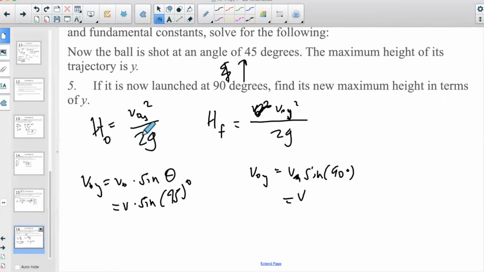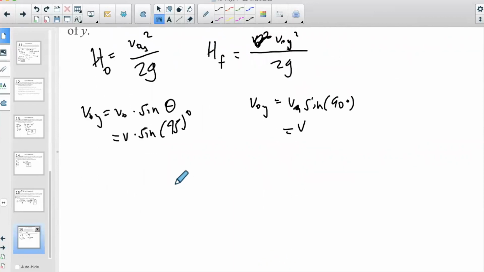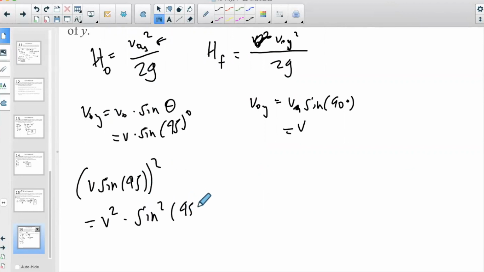All right, so now we got to figure this out, right? Because g stays constant, you have to figure out its new value in terms of y. Initially, this is its initial one. So only v naught y is changing. In the original case with y, v sine 45 squared is equal to v squared times sine 45 squared.